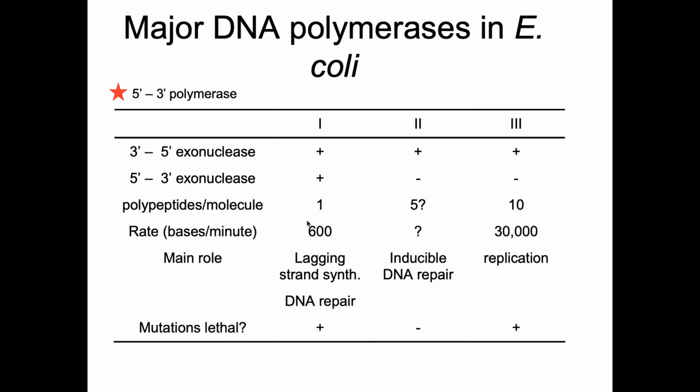But the DNA polymerase 3, the actual replicating enzyme, has a much more complex organization. It consists of at least 10 different protein subunits, all of which aggregate into this large complex that then has the ability to replicate chromosomal DNA very quickly and very efficiently. So again, a fundamental distinction between the two.